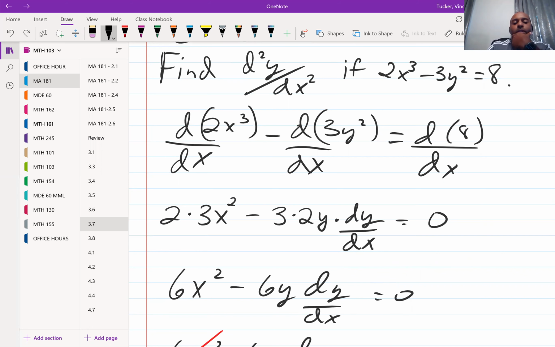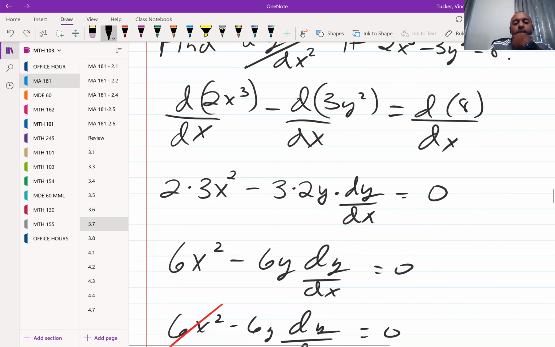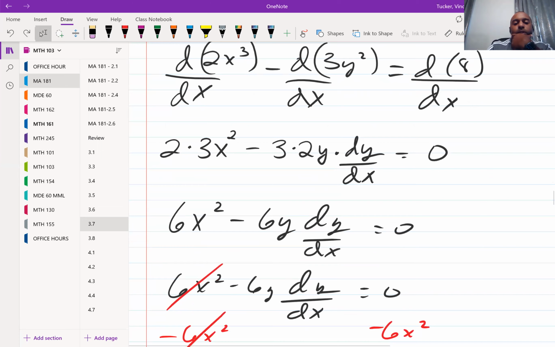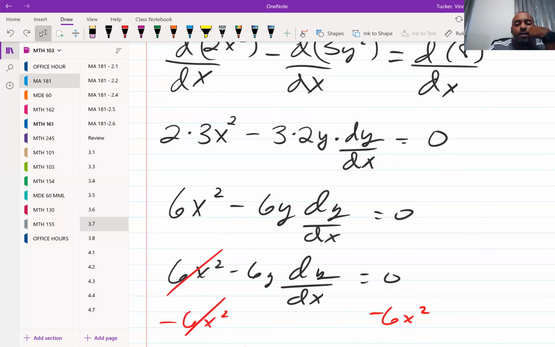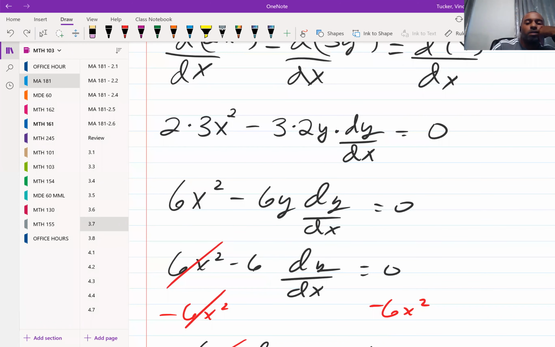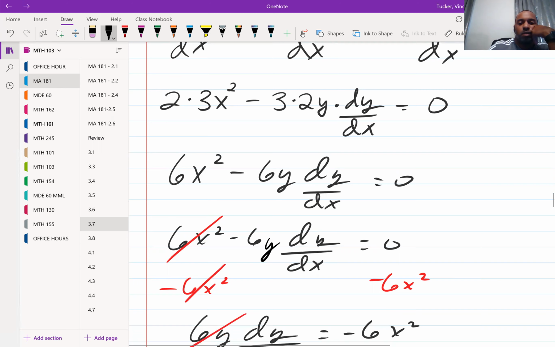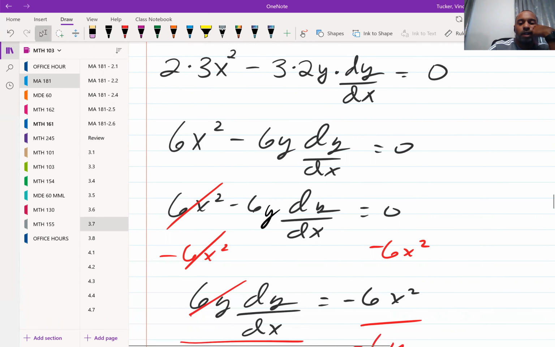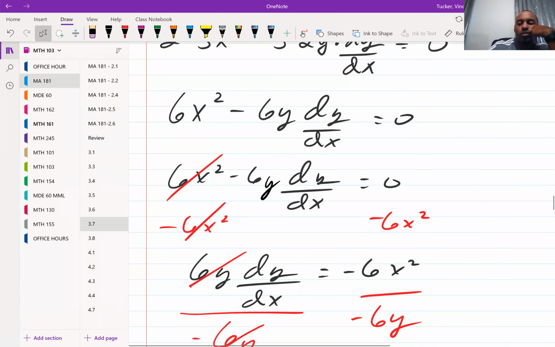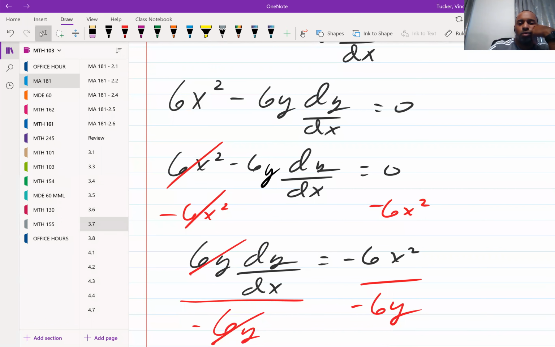All right, so now we can solve that for dy/dx. Subtract 6x squared from both sides. Then divide by negative 6y. There should be a minus sign right here.